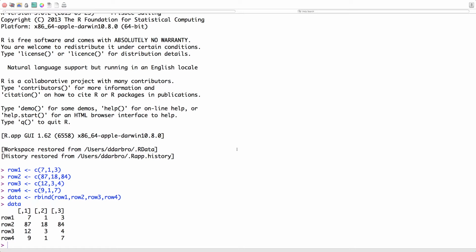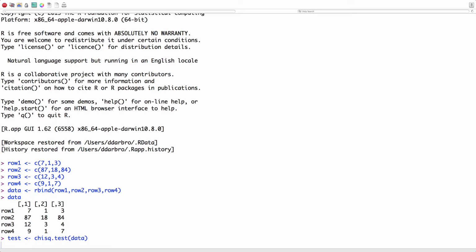About 15 minutes has passed. You're not going to see the 15 minutes; you're going to see hopefully a smooth transition from where we were into where I am now. So I've restarted R, typed my data in again, and let's go ahead and run the test as we did before.